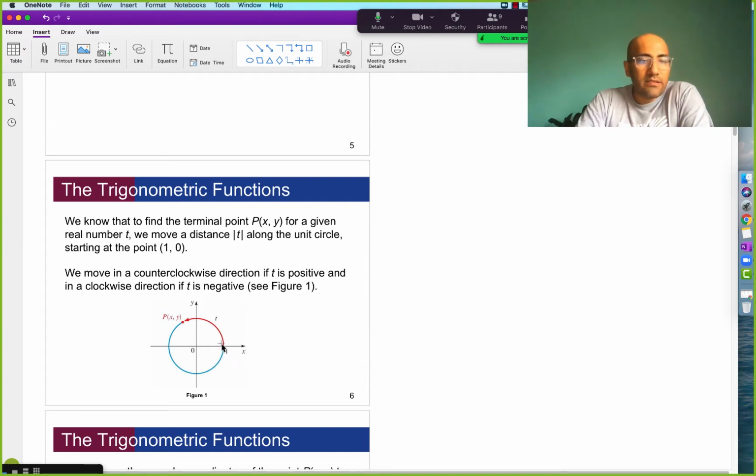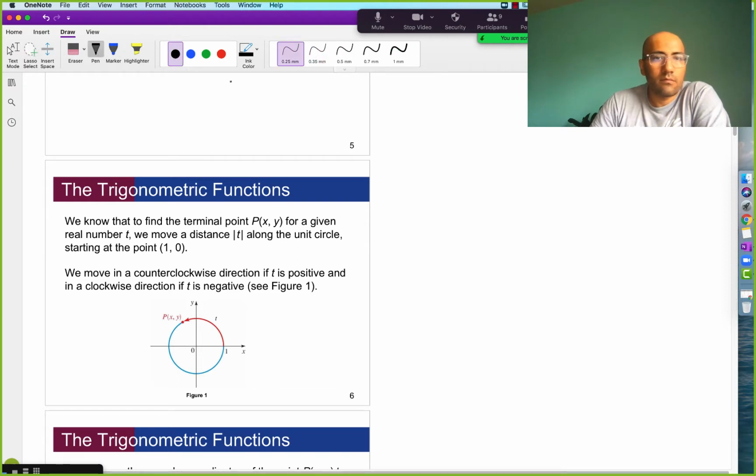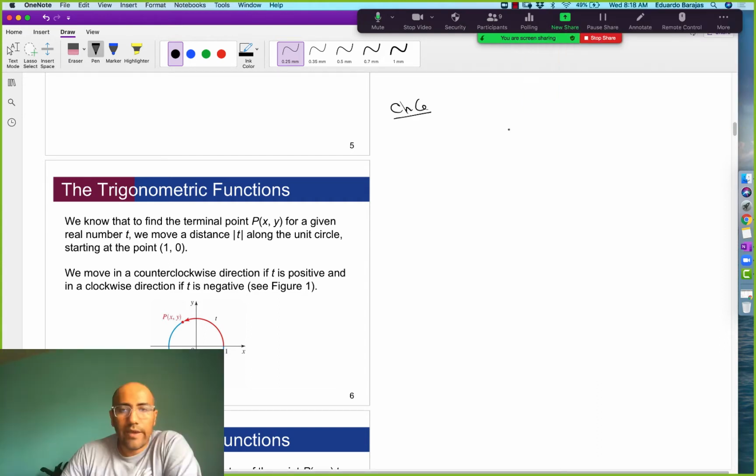Now, a lot of this seems really familiar from the introduction to trigonometry from Chapter 6 we've already done. In Chapter 6, we were dealing with angles. So remember from Chapter 6, we had an angle, say we had this angle there, and we had theta there, and it was written in standard form or standard position.